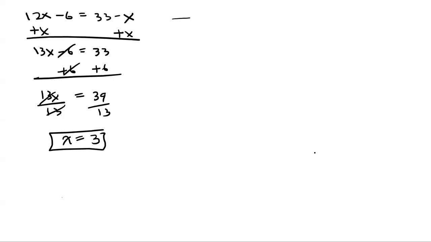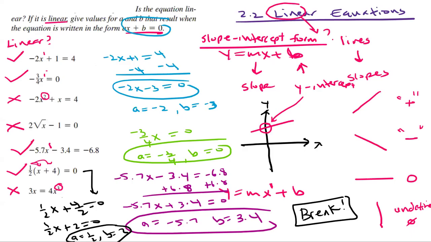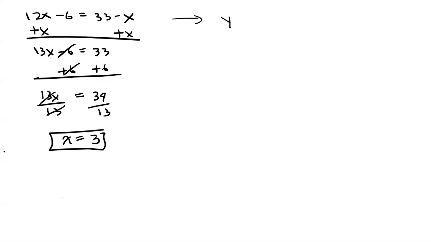My follow-up question is, how many equations do we see? Remember we talked about how we are dealing with y equals mx plus b, linear equations. So in this case, we have two equations. One equation is y1 equals 12x minus 6.